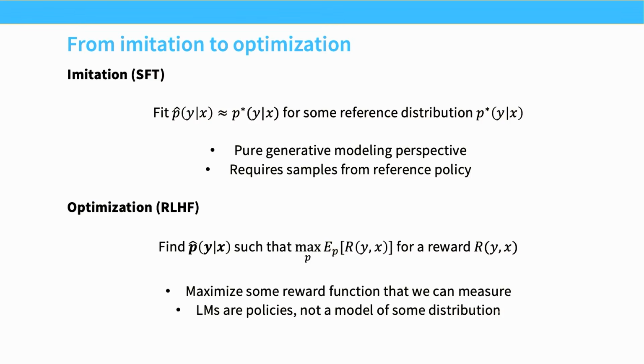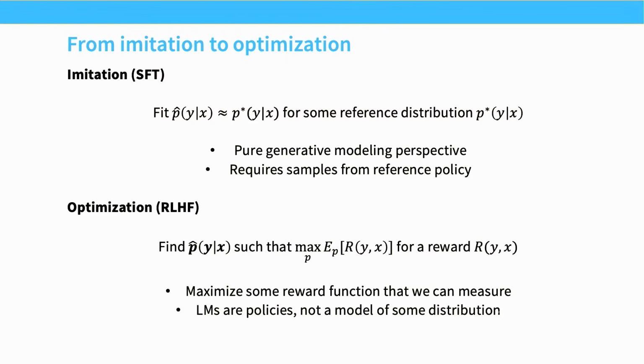Now, once we get to the second part, the RLHF, we are no longer playing a fit-a-distribution game. We are playing a maximize-a-reward game, right? So what we want is to find some distribution. We still have a distribution. This is a policy now, such that this policy is going to maximize some downstream reward. And maybe that reward is something like how long your users are engaged on your platform. Maybe that reward is like what math problems you can solve. But there's some sort of reward.